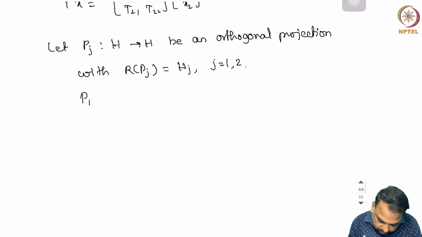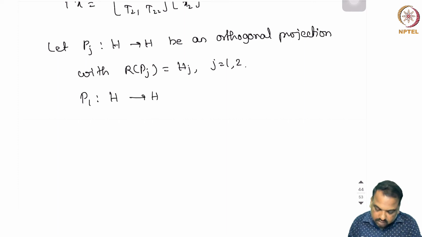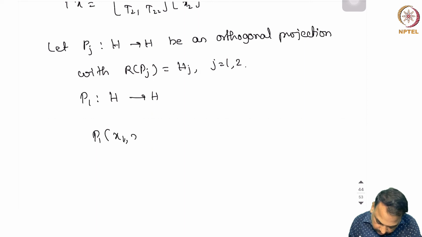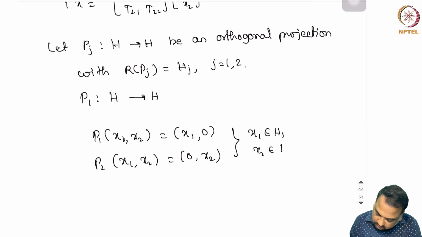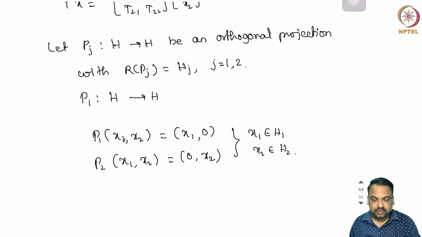That means P1 is a map from H into H, and the range of P1 is H1. So P1 of (X1, X2) is nothing but (X1, 0), and P2 of (X1, X2) is (0, X2), where X1 is coming from H1 and X2 is coming from H2.